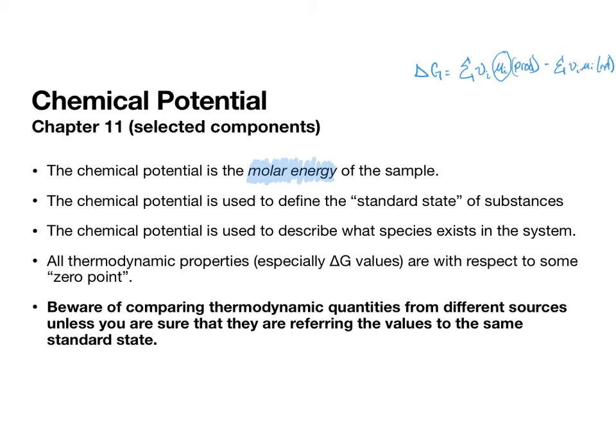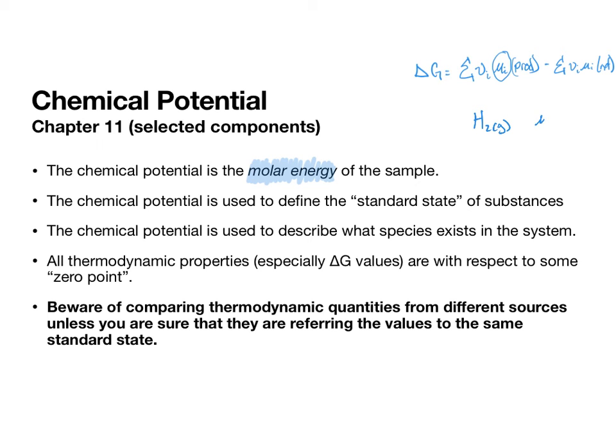And really, these chemical potentials we are going to set with the standard states being our baseline, so that we have some 0 point. And so this delta G is with respect to that 0 point of the standard state. If we are thinking about hydrogen, we are talking about H2 gas as its standard state.